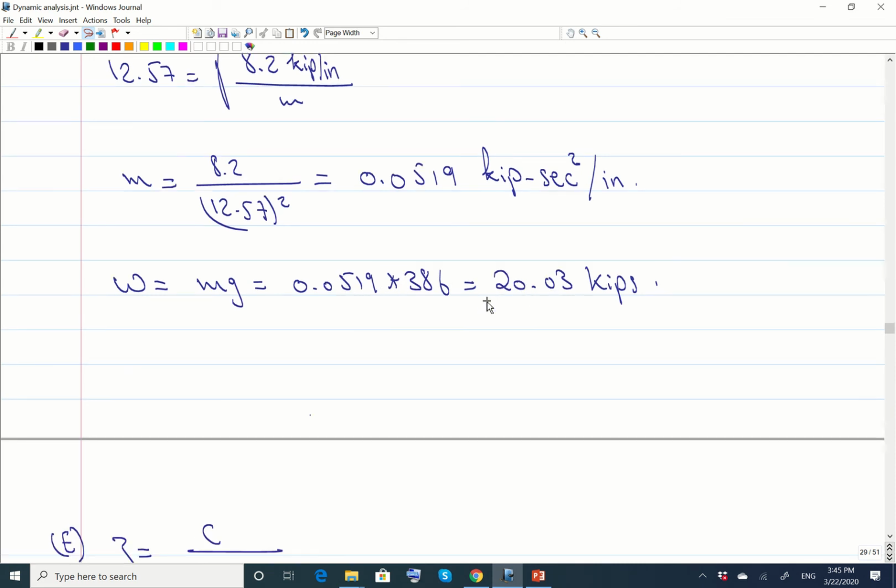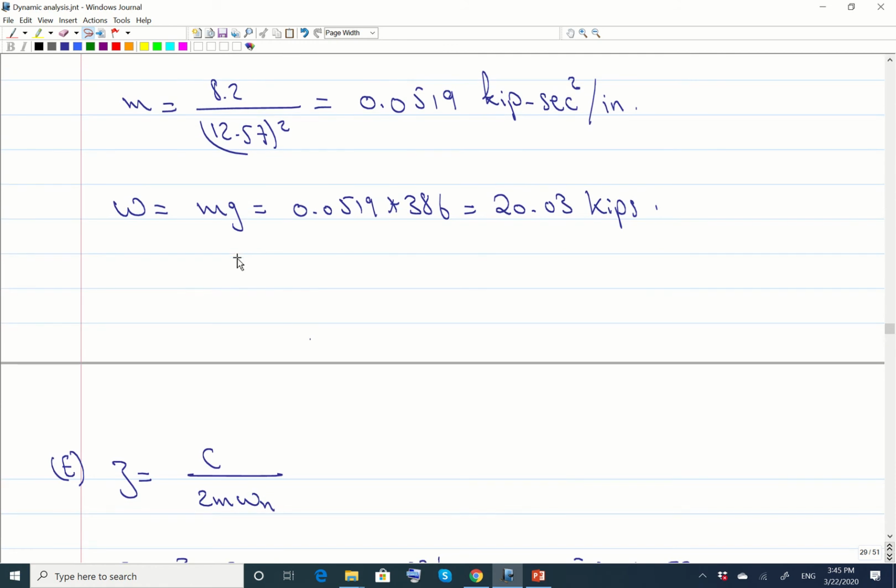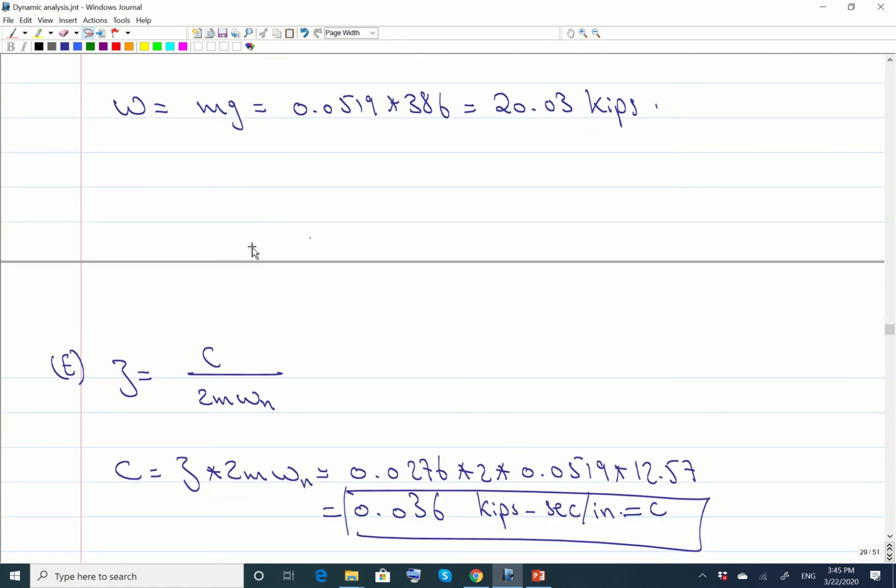This is the weight of that structure. It's 20 kips. We knew the weight of the structure just by doing that simple test. We couldn't just remove the building and put it on a scale, but now we were able to find the weight without doing that unrealistic thing.